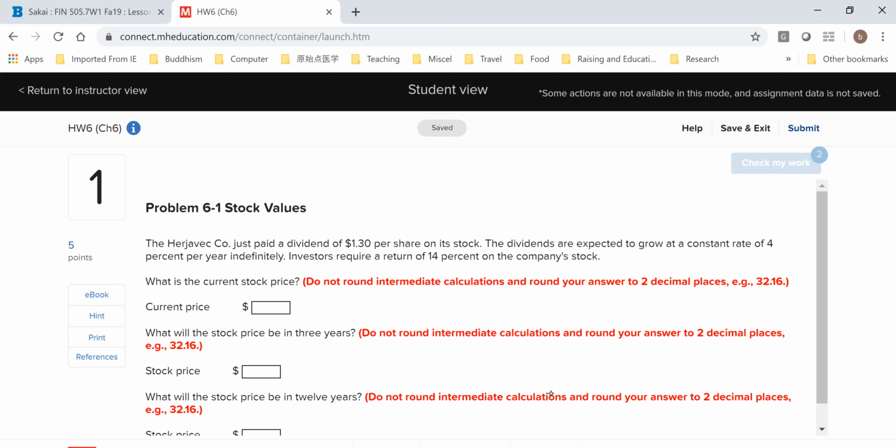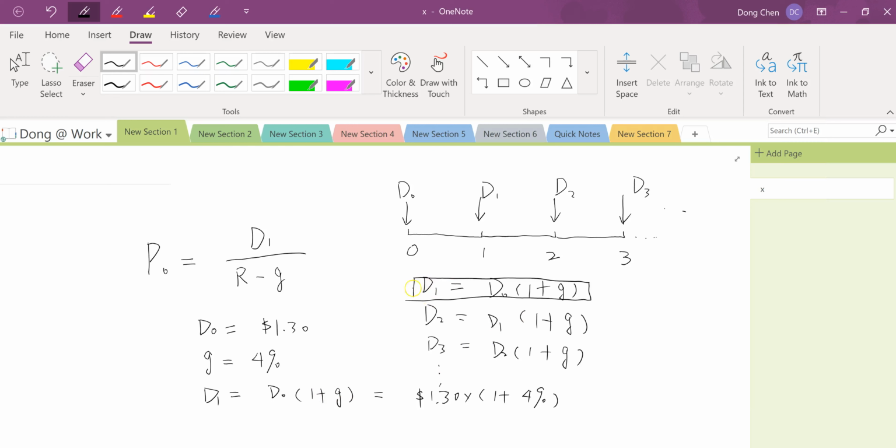And investors require a return of 14% on the company's stock. So that's meaning this R here is 14%. So now we can use this equation to solve out P0, right?